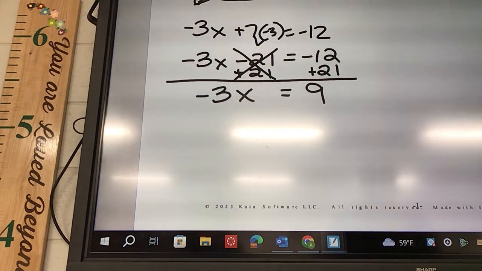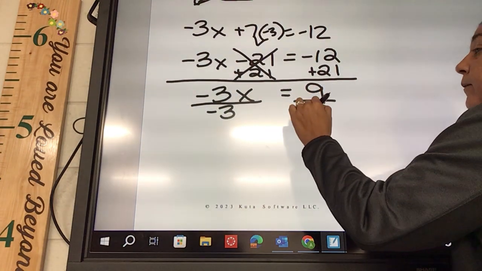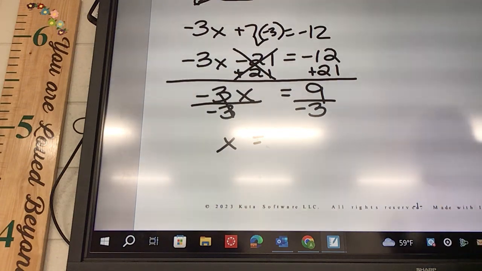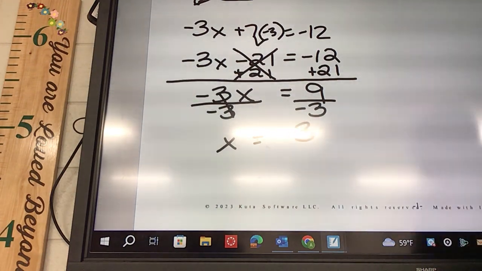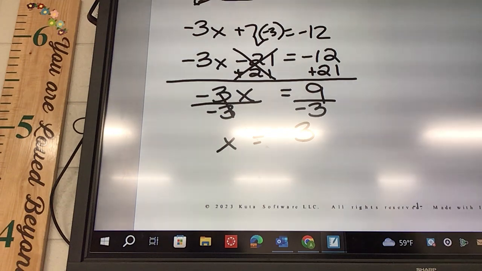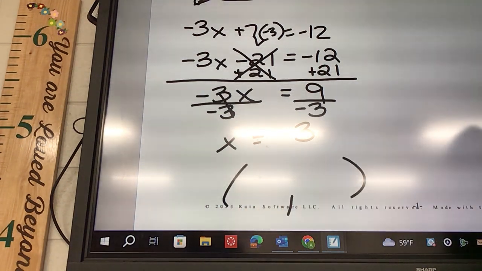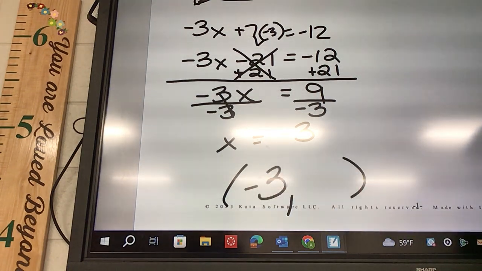Divide by negative 3. Okay, 9 divided by negative 3. Negative 3. Okay, and then we write this out as a coordinate. What are their preferred names? What is x's preferred name? Negative 3. What is y's preferred name?